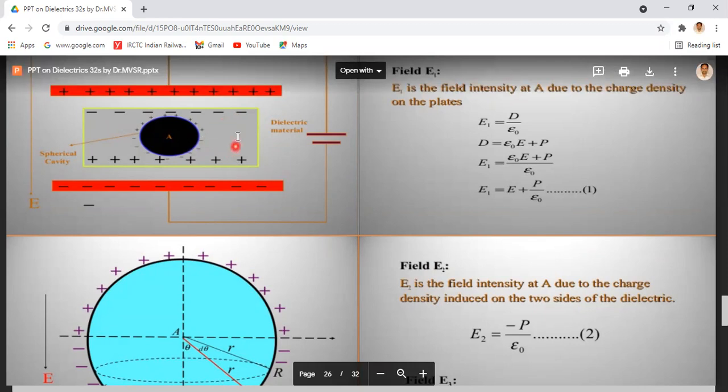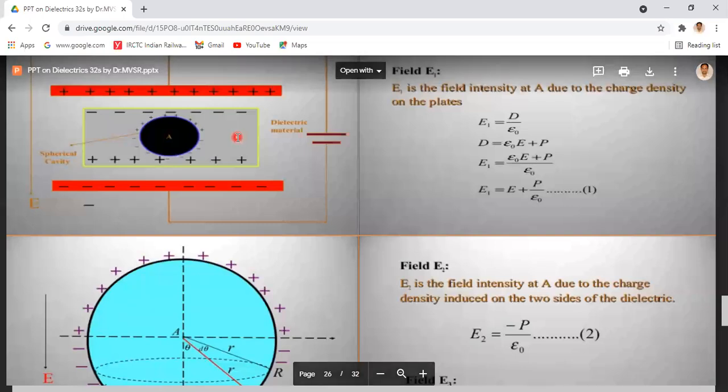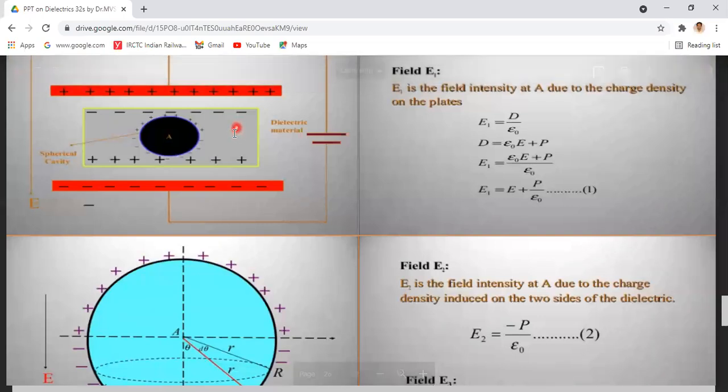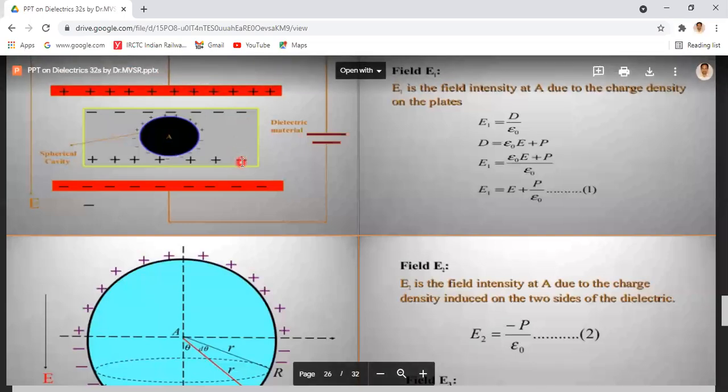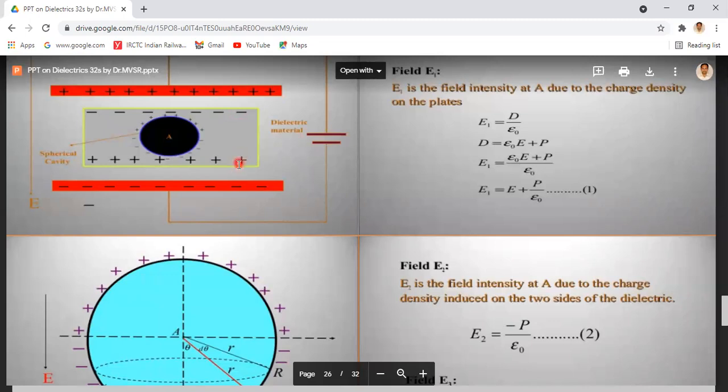Say E2 is the intensity of electric field due to the dielectric material, because this dielectric material gets polarized as it is placed in the external electric field of the capacitor, so that dipoles are induced within it. So this dielectric material again produces an electric field, which is taken as E2 bar.